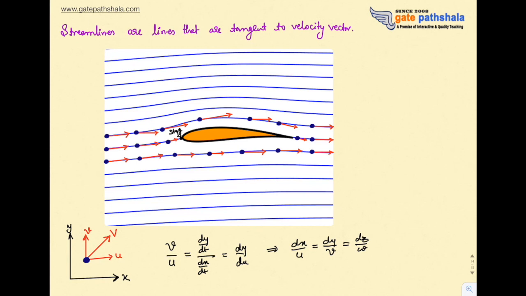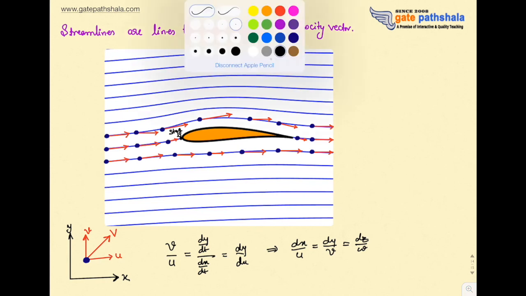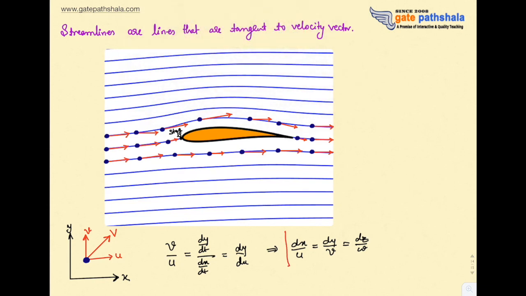Okay, so the equation that we obtain now, this equation, can be applied for finding the equation of a streamline. Okay, so if we know the velocity components as function of position and time, we could integrate this equation and find the streamline passing through a given point.